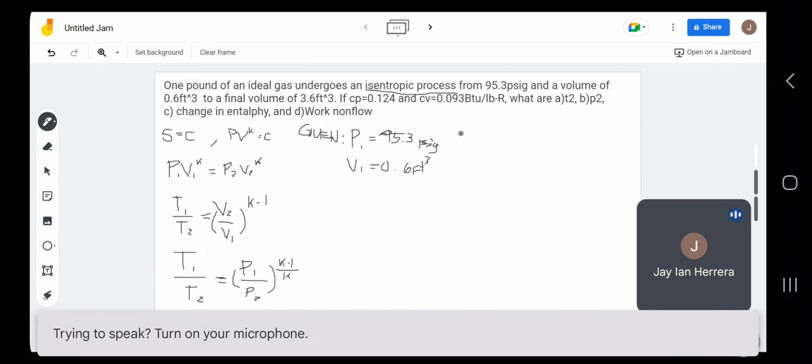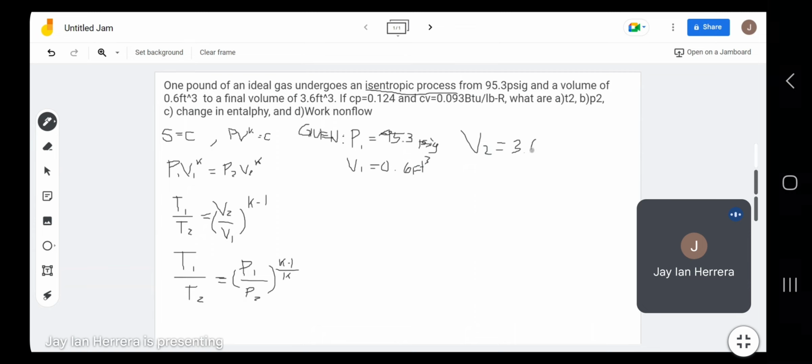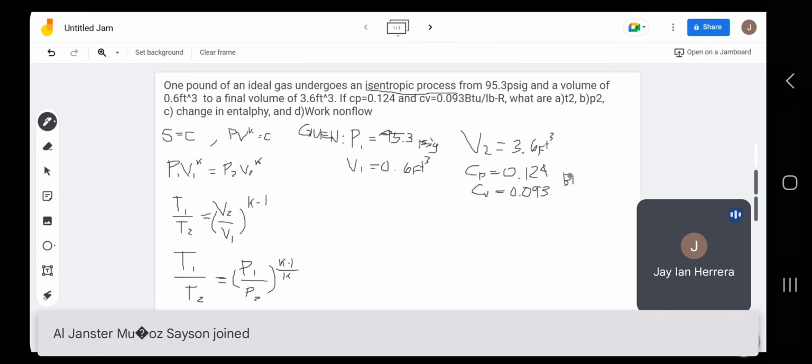We are given the final volume, V2, at 3.6 cubic feet. And our specific heats: specific heat under constant pressure Cp is 0.124 and Cv, specific heat under constant volume, is 0.093. Both are in BTU per pound mass Rankine.